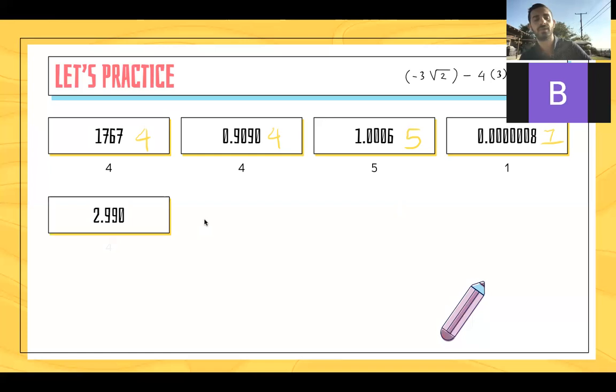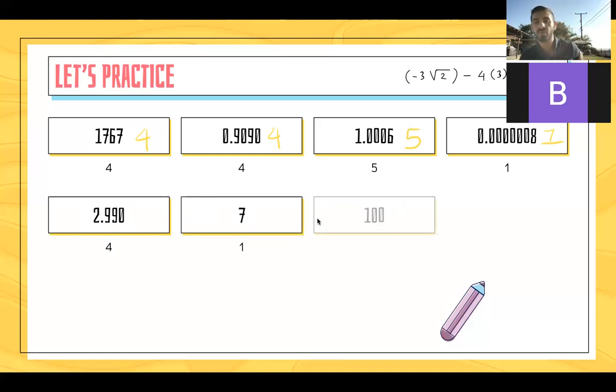2.990, 4 significant figures, 3 non-zero, 1 zero that comes afterwards. 7 is just 1 non-zero number, so it is 1 significant figure. 100, trailing zeros without a decimal point. Are those significant?